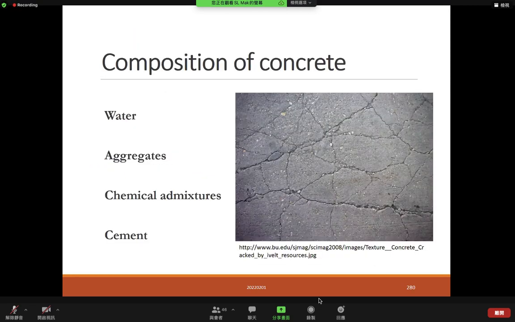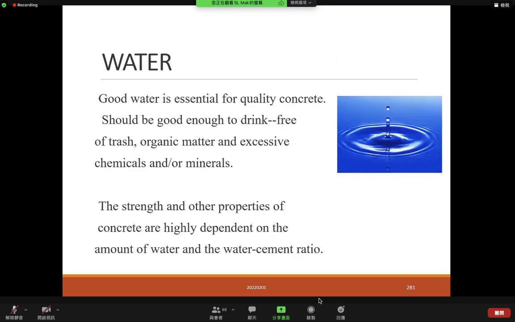The composition of concrete includes water, aggregate, chemical admixture, and cement. Improper composition of concrete may cause defects. For example, water.